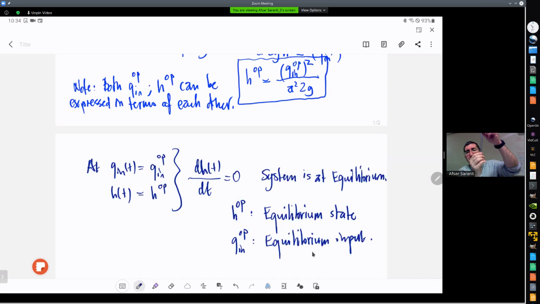In both cases, as long as the angle is equal to either 0 or pi, the derivative of the angle will be equal to 0. But the bottom equilibrium point is a stable equilibrium point. Why? Because if you disturb it, it's going to want to come back to the same point. Therefore, a stable equilibrium point.